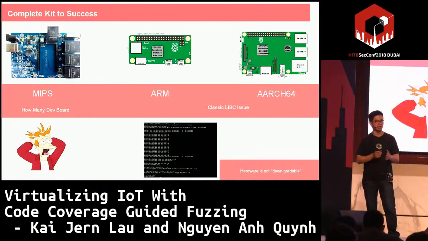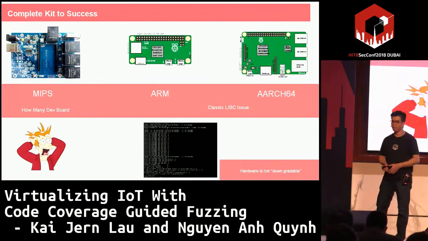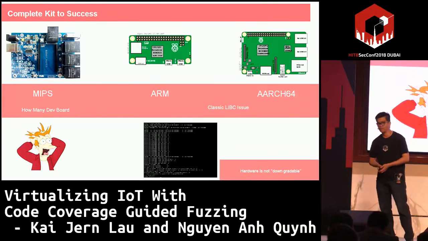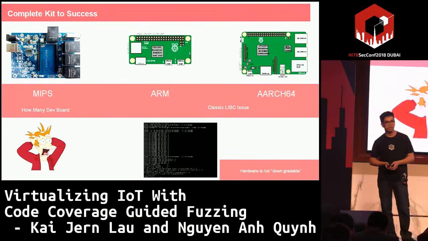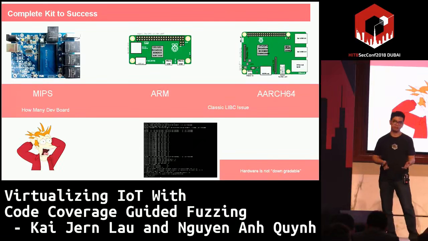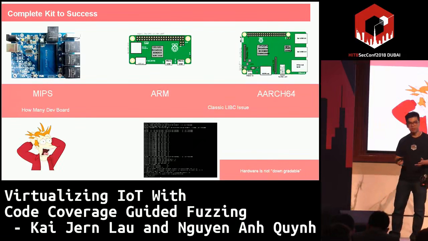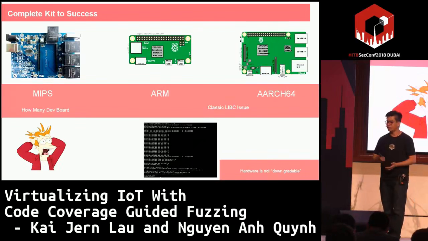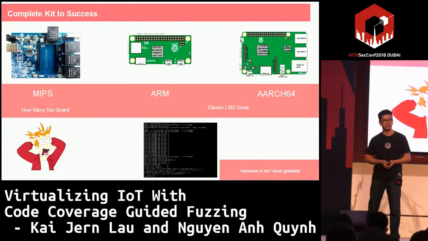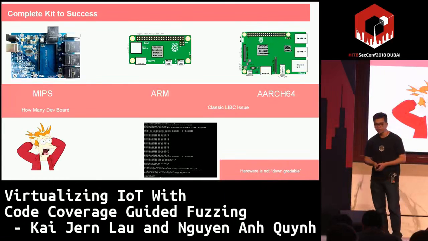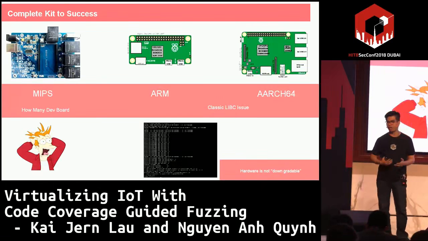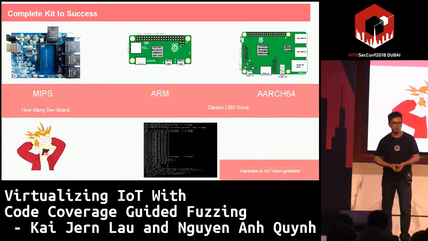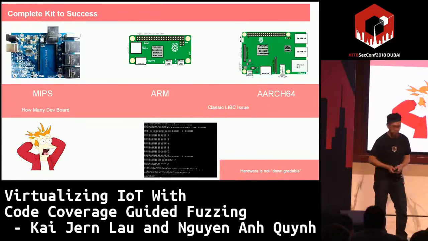That is fair for a lot of cameras that actually run ARM. MIPS you find in small little devices. And the best part is there are a lot of sound boxes. Everybody knows the sound box, right? The one you talk to and it responds, doing whatever you ask it to do. It's running on ARM64. So when we discovered all these architectures, we knew we needed a bit more if we wanted to fuzz a very big scale of IoT devices or embedded platforms.